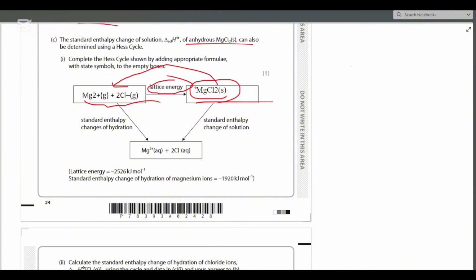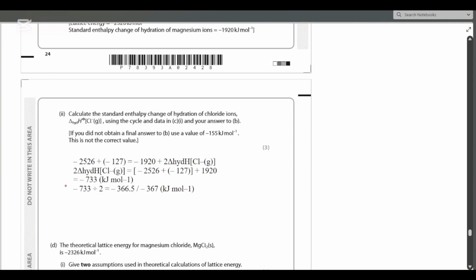That is the whole format of lattice energy reactions. Always remember that the ions of the constituent elements that make up the ionic compound react together in gaseous form to produce 1 mole of the desired product. With that, our Hess cycle is complete.